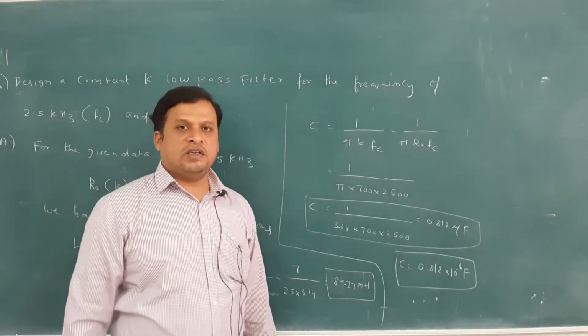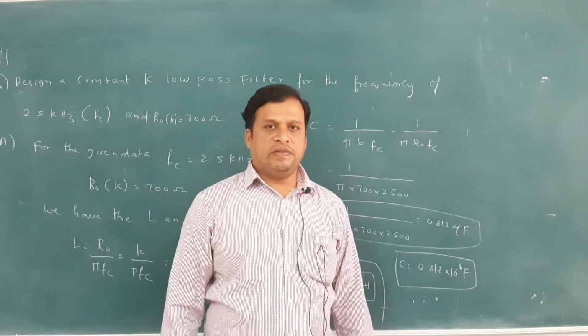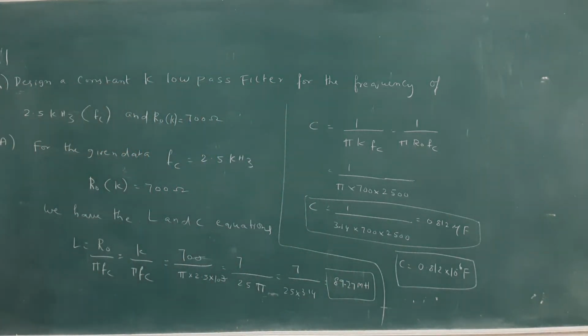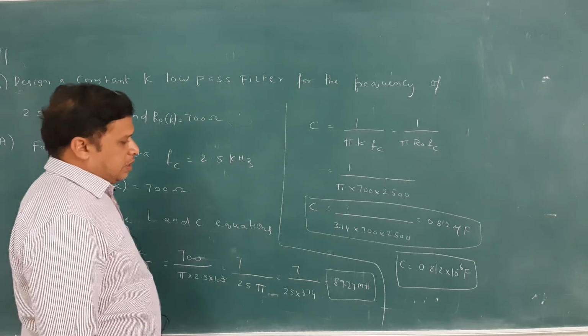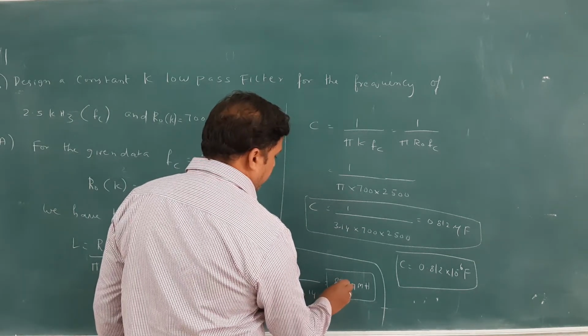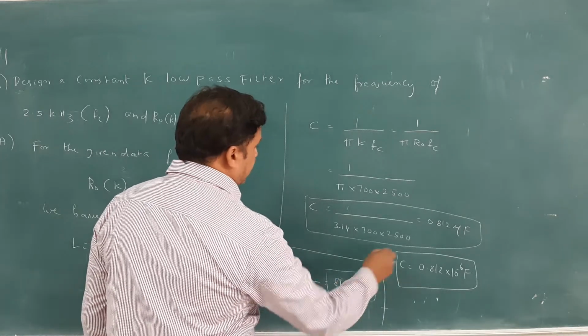After getting the L and C values, what do you have to find out? You have to design the filter. Now we will design the filter. Here we are drawing the constant K low pass filter. Here it is 89.127 millihenry, the inductance, and the capacitance value.